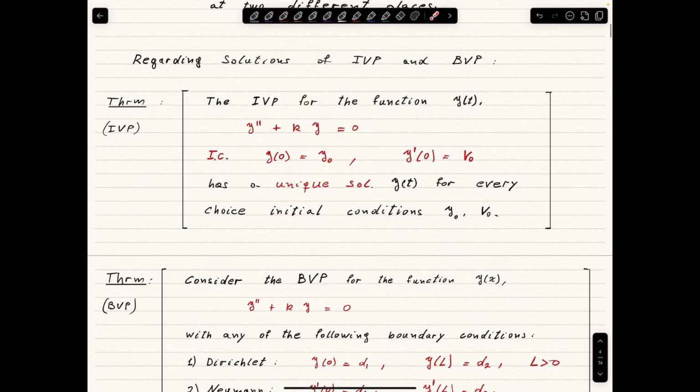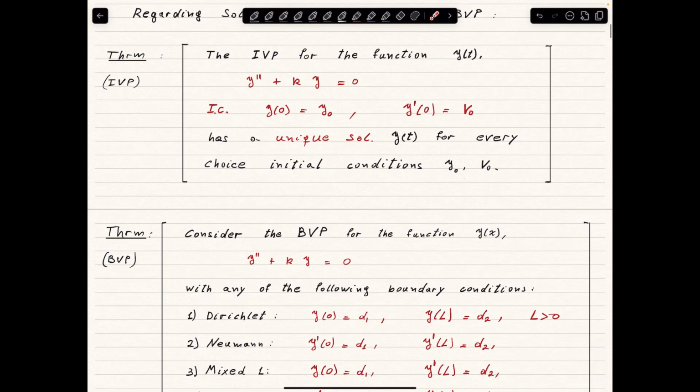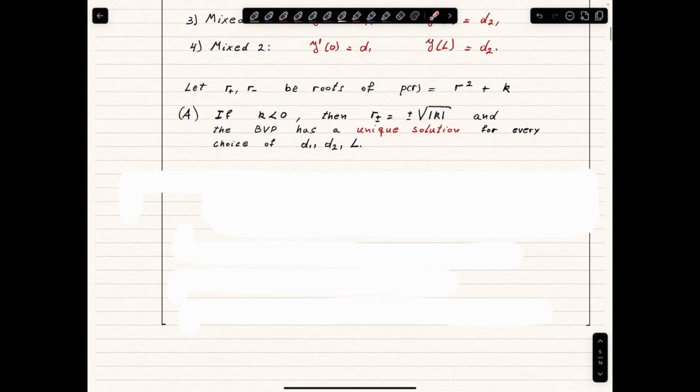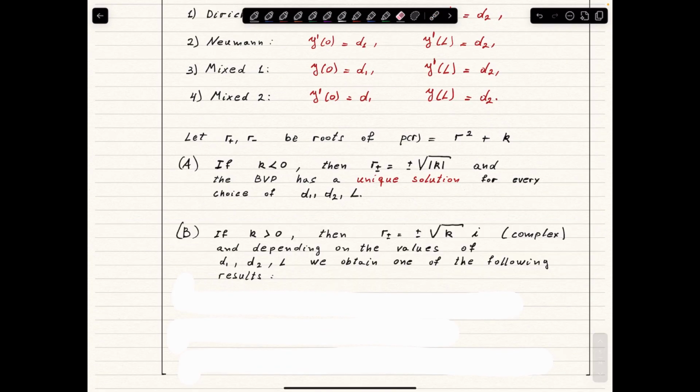In the initial value problem, the unique solution exists for k negative and k positive, for both cases. Here not. For k negative, we have a unique solution. But what happens when k is positive? Well, something else happens. When k is positive, then we have the characteristic polynomial with imaginary roots, so complex roots, pure imaginary.